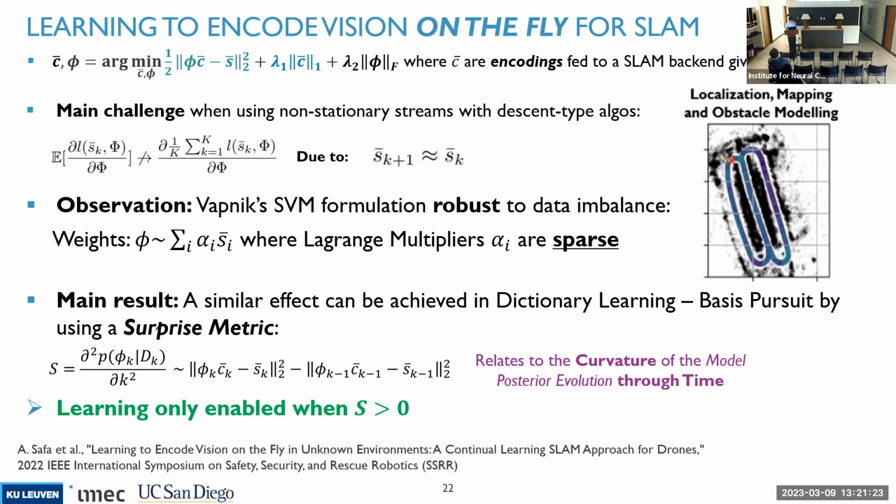This is because stochastic gradient descent methods assume that the stochastic gradient you use to modify the weights at time t, in expected value, converges to the gradient of the full loss, as if you had the whole data set available.